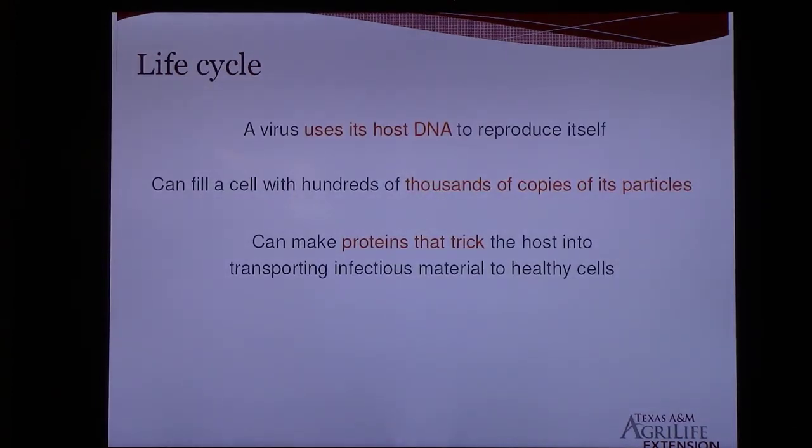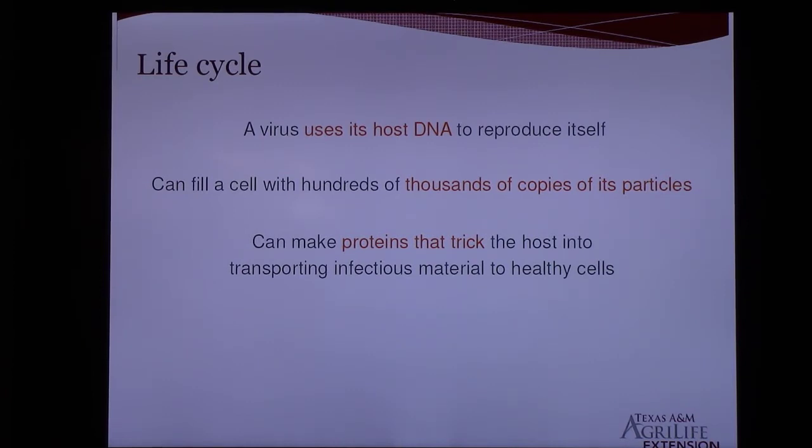So a virus uses the host DNA in order to reproduce itself. The genetic material in that virus works with the host DNA, and that's how it begins to replicate itself. It can fill a cell with hundreds of thousands of copies of itself. In a single cell, you could have hundreds, if not thousands, of copies of that virus.